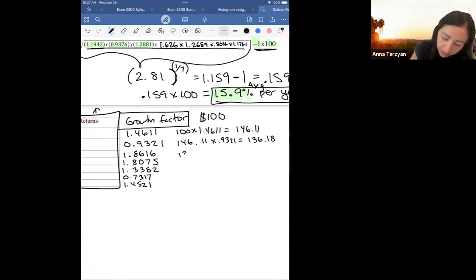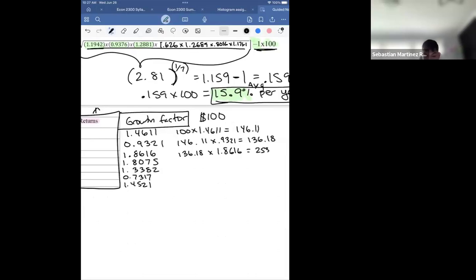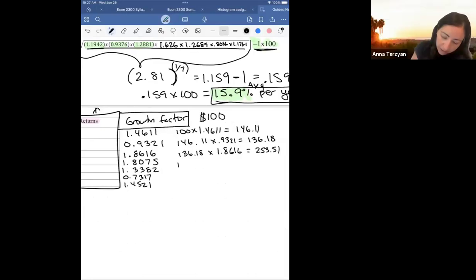Okay, then we have 136.18 and it grew 86%, almost doubling. How much do we have at the end of the third year? 253.51. Okay, then we go another, so 253.51 times another 80% growth. How much do we have at the end of that year?